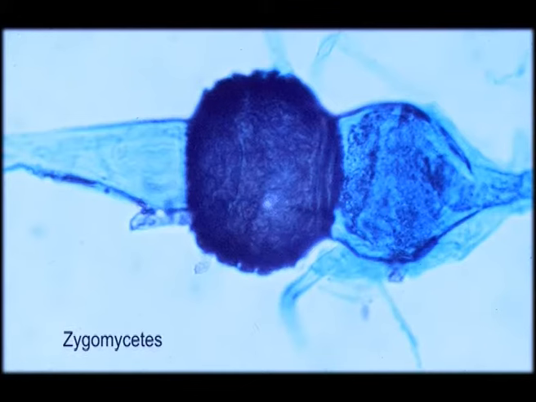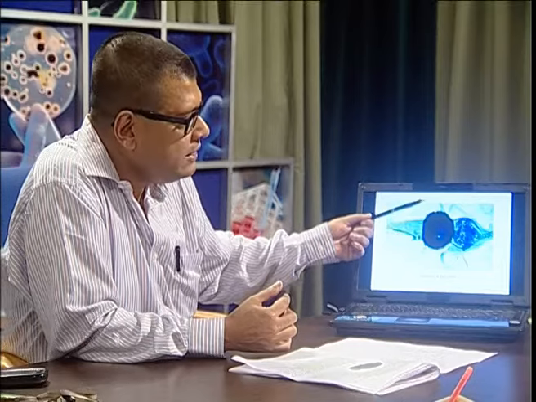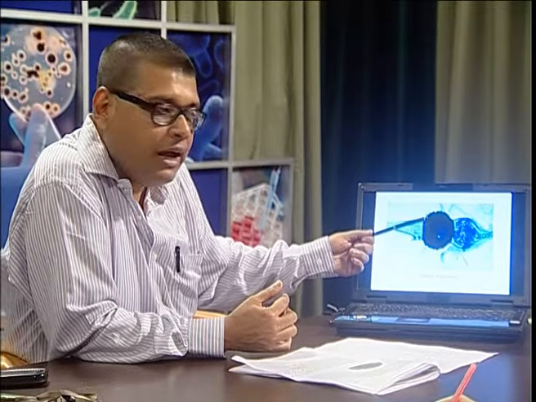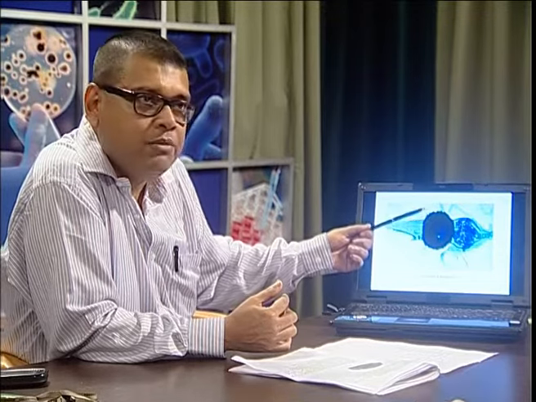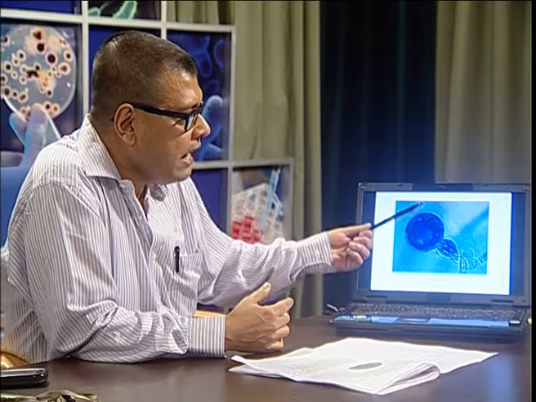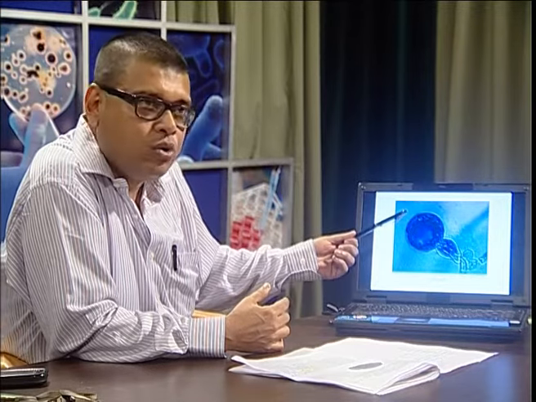The second group, which is normally called the Zygomycetes, because of the presence of the thick-walled zygospore, and this zygospore is a diploid spore which acts as a resting spore and will germinate to produce haploid mycelia. Another group is the Oomycetes, which produces the oospore, also a diploid spore but not having that thickened or echinulate outer wall.